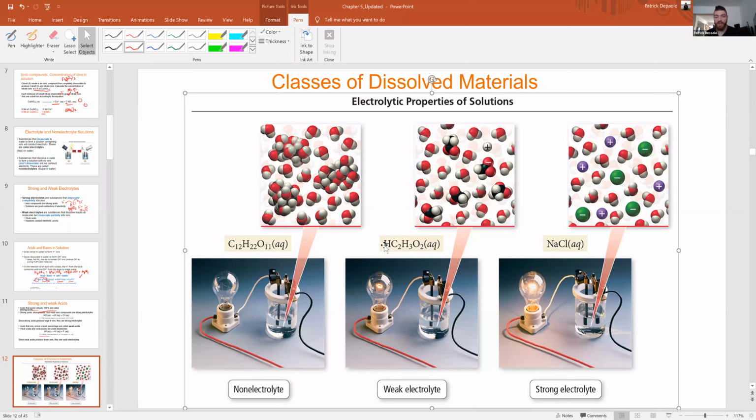You put an H in front of it, H-acetate becomes acetic acid, which is a weak acid. And what results is a weak electrolyte, with a very small electrical current. Then you have strong electrolytes such as our good old NaCl, which will create a large current and power the light bulb.